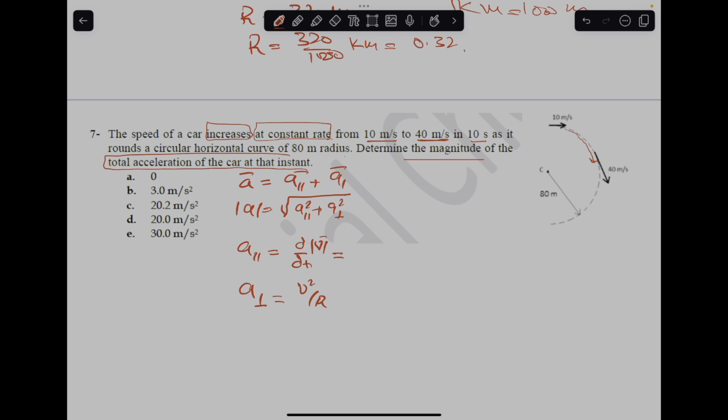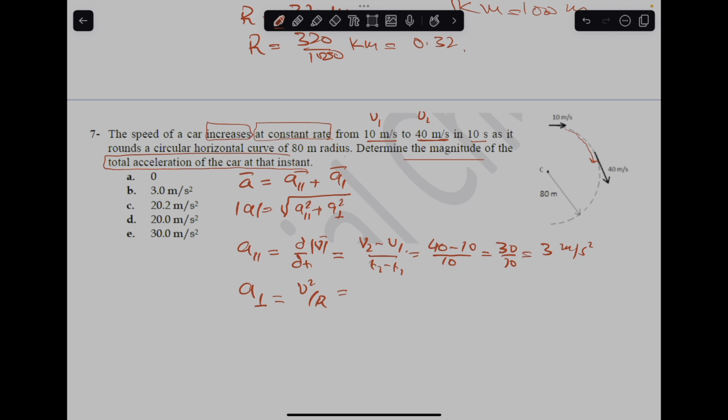We can calculate this from v1 and v2, and we can calculate the average acceleration, which is v2 minus v1 divided by t2 minus t1. So this is 40 minus 10 divided by 10, so we get 30 divided by 10, which is 3 meter per second squared.